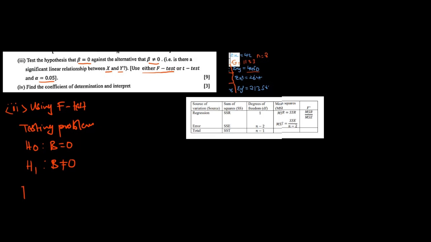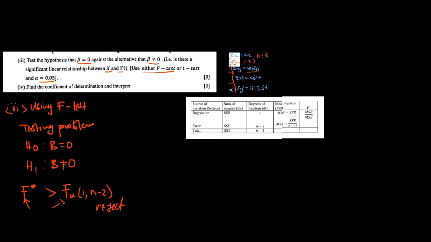If your f observed is greater than the f alpha, with 1 comma n minus 2 as the degrees of freedom, then we have to reject the null hypothesis.